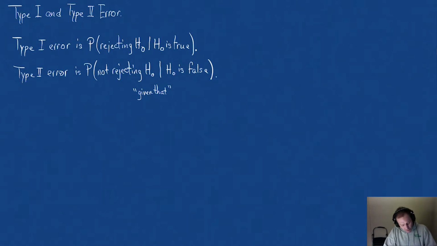So here's how this works. We need to have our null hypothesis. Our null hypothesis is that you are well. Our alternative hypothesis, H1, then is you are not well.